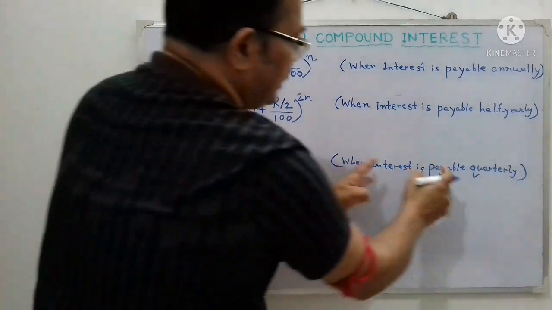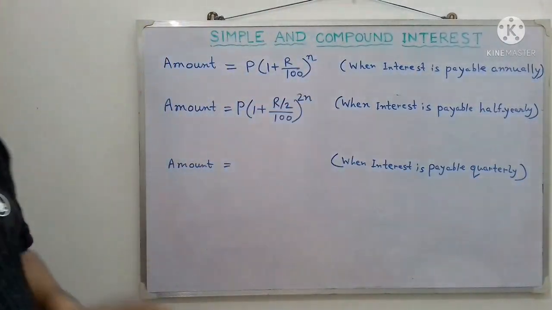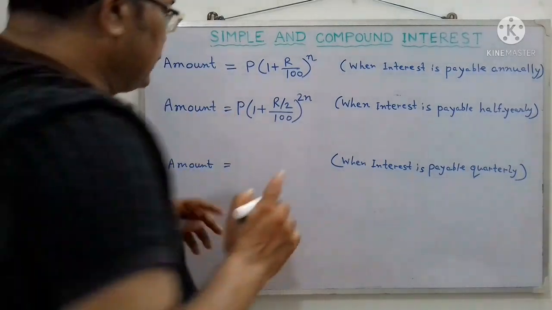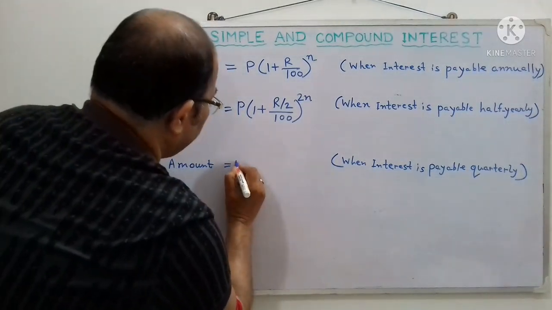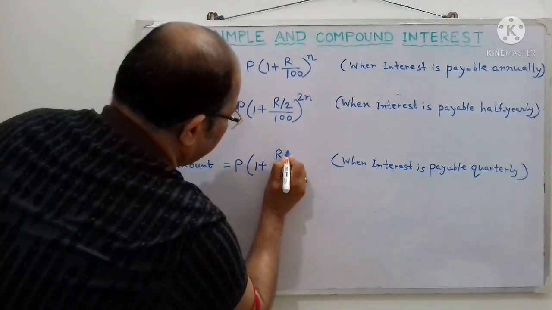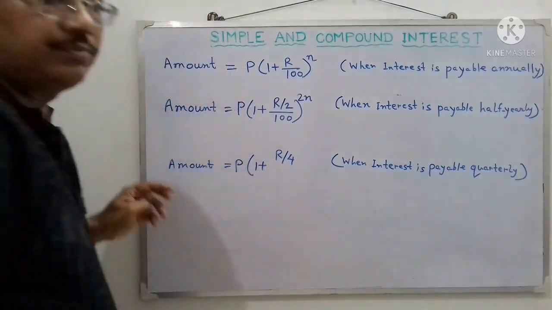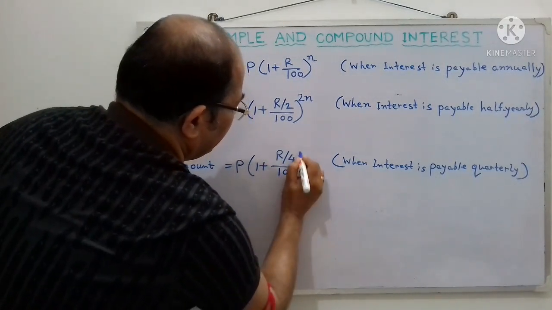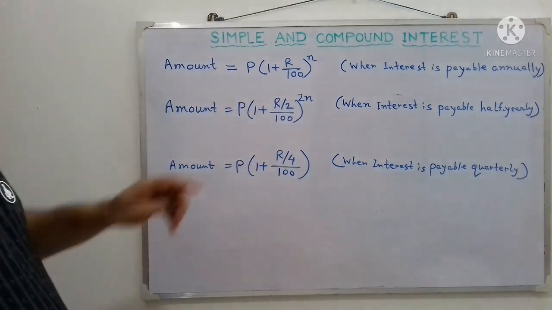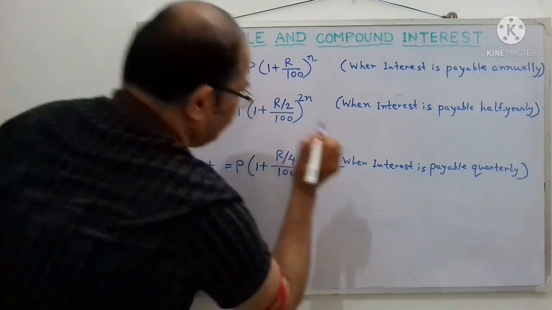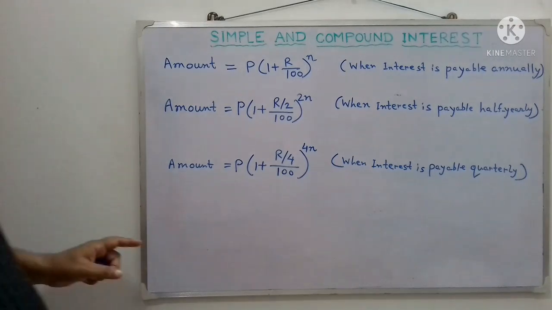And if the interest is payable quarterly, meaning after 3 months, that means 1/4 year, the amount will be P into 1 plus R divided by 4, divided by 100, and the number of terms, instead of n, will be 4n. Understood?